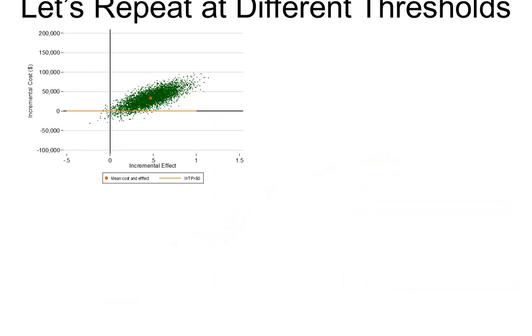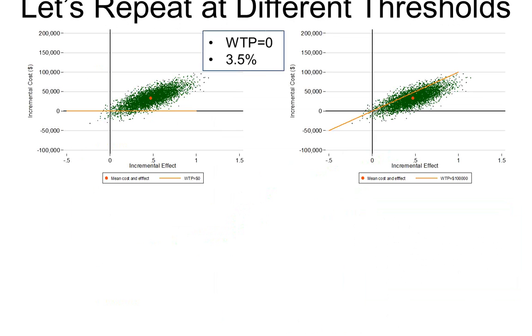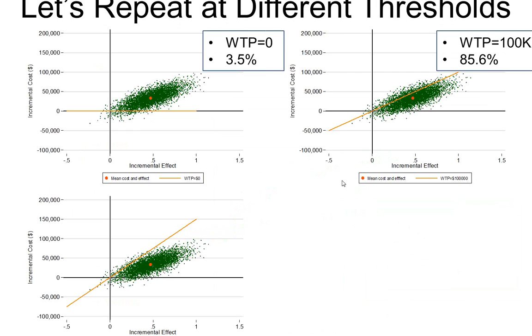And then we could repeat that at different thresholds. We could do it if the threshold was 0, in which case we see 3.5% are south of this line. We could do it if the threshold was $100,000, in which case we get 85.6%. We could do it at a threshold of $150,000, in which case almost all, 97.7%, are to the southeast of this line.